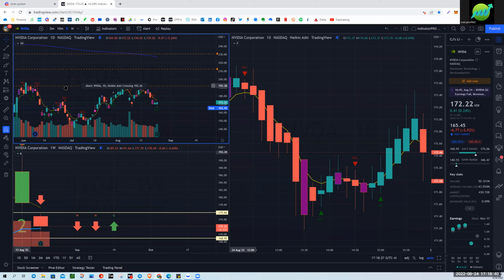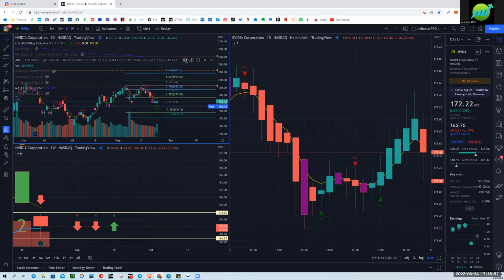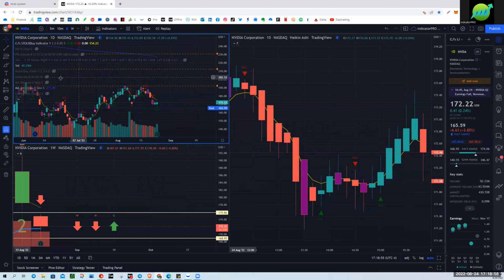And sure enough, it has hit that part like 4 times. So the Fibonacci level should have already changed by now. Okay, so that's the latest Fibonacci level, which changes every day.